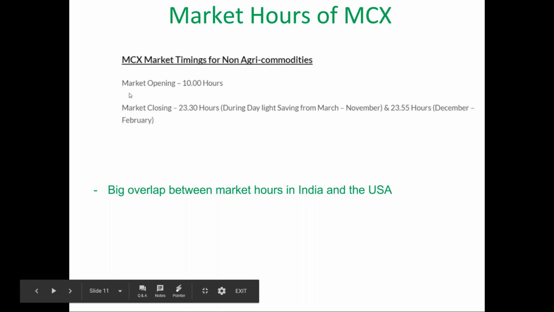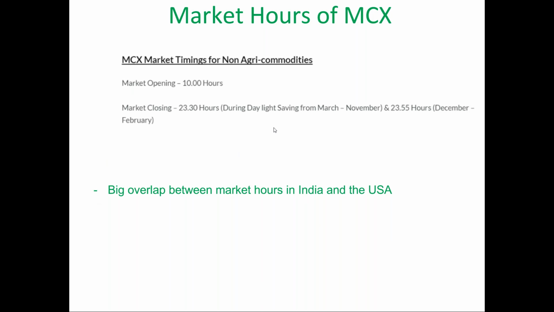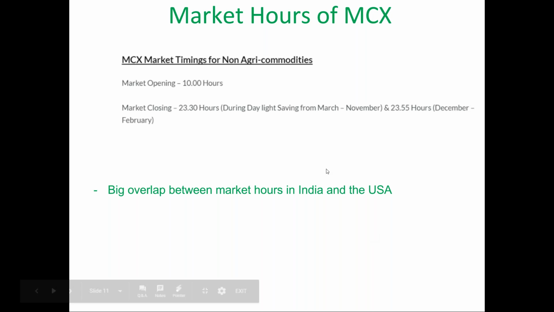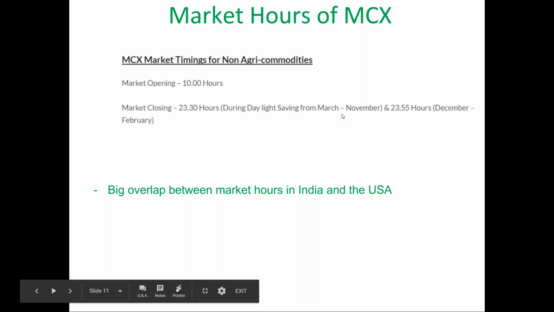And what you should know here is, this is very unique for commodities, because it's open till 11:30, it's also overlapping with the U.S. Okay, so things like the Chicago Mercantile Exchange, where a lot of commodities are traded, and it's the biggest commodities exchange in the world, that's open while Indian markets are open as well.